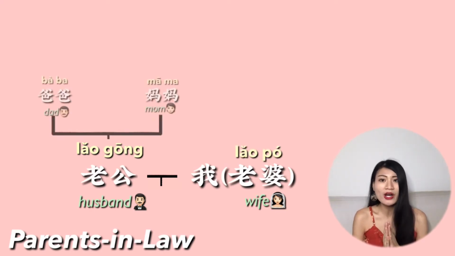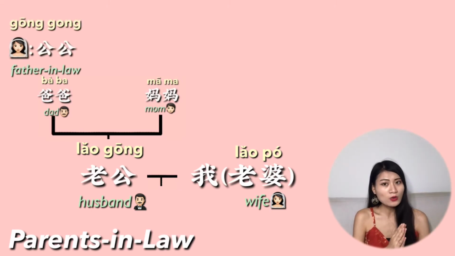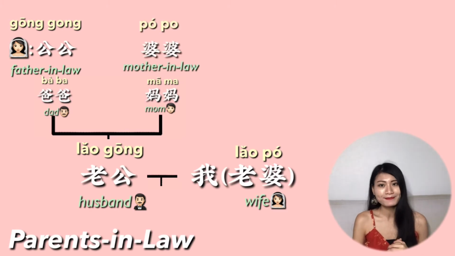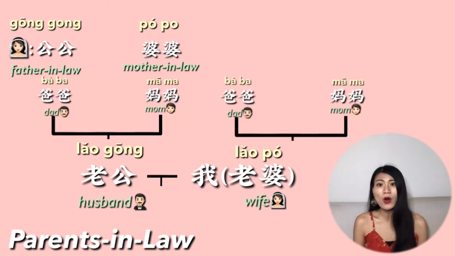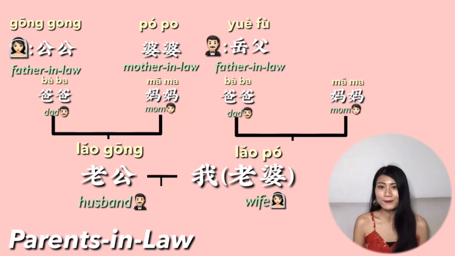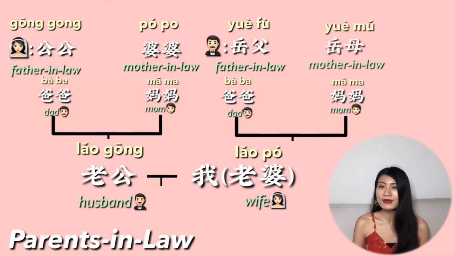Then I will call his dad 公公, father-in-law, and his mom 婆婆, mother-in-law. And my husband has to call my dad 岳父 and my mom 岳母, mother-in-law.